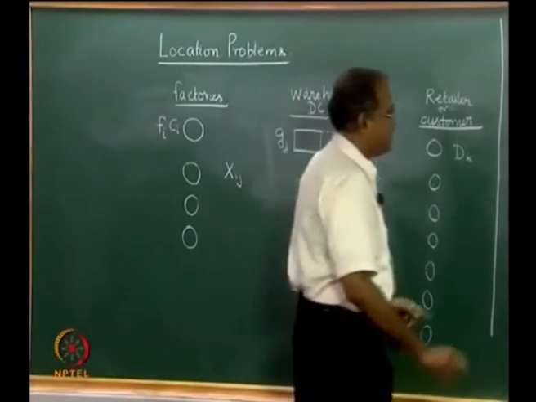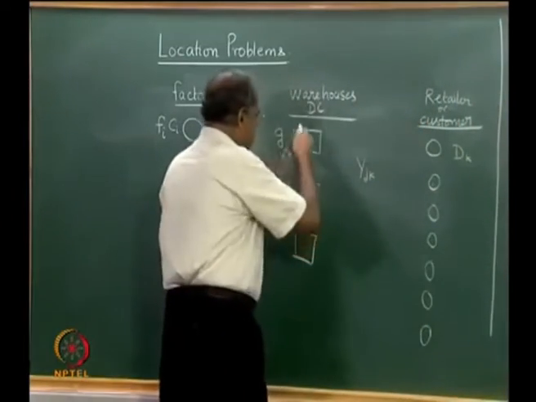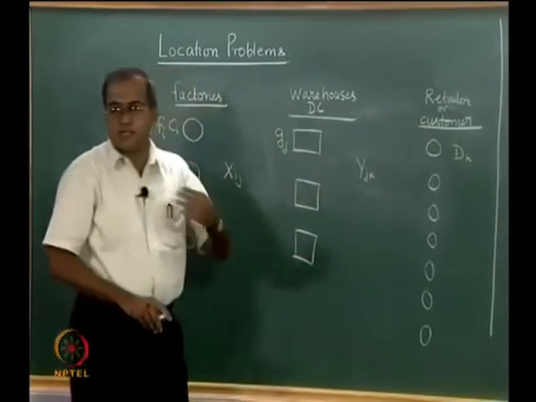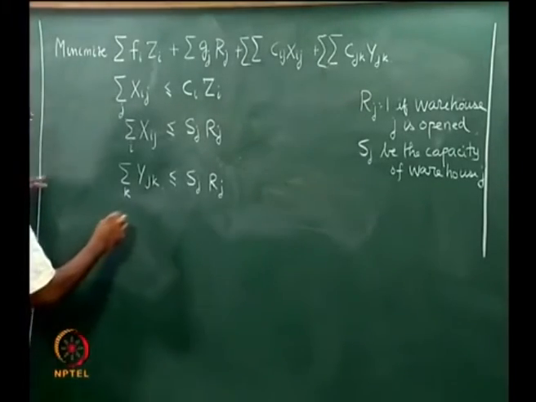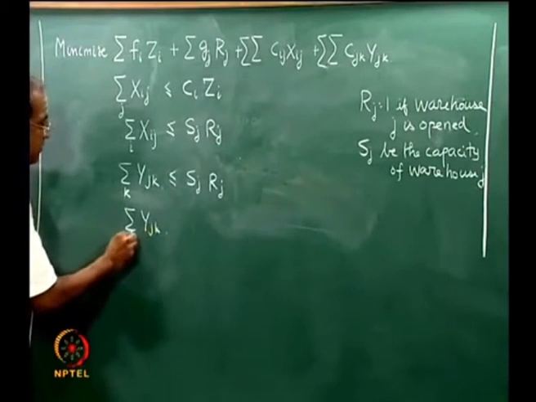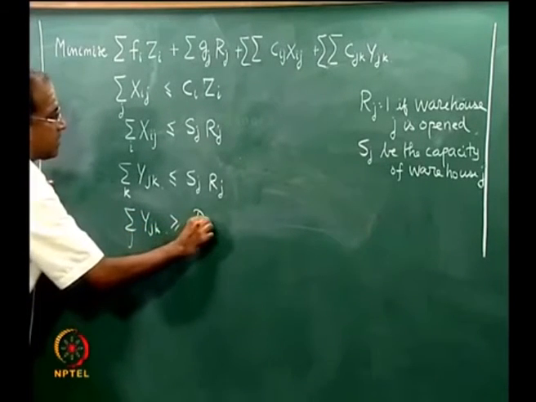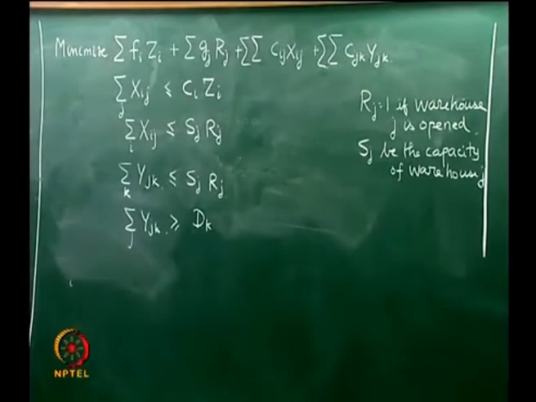So, whatever leaves from a chosen warehouse should be less than or equal to the capacity of the warehouse, and whatever reaches the customer, sigma Yjk summed over j, should be greater than or equal to dk, the demand of the customer.